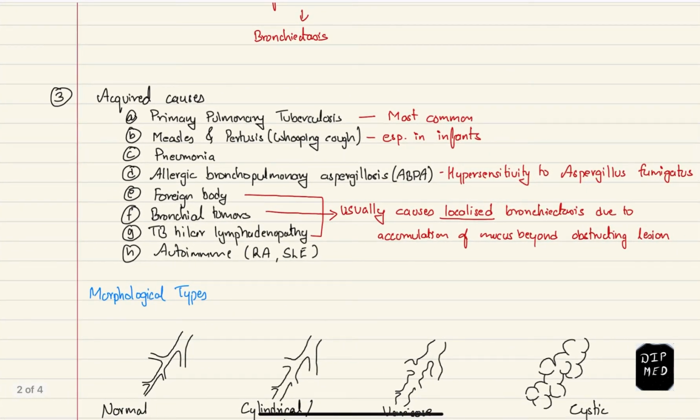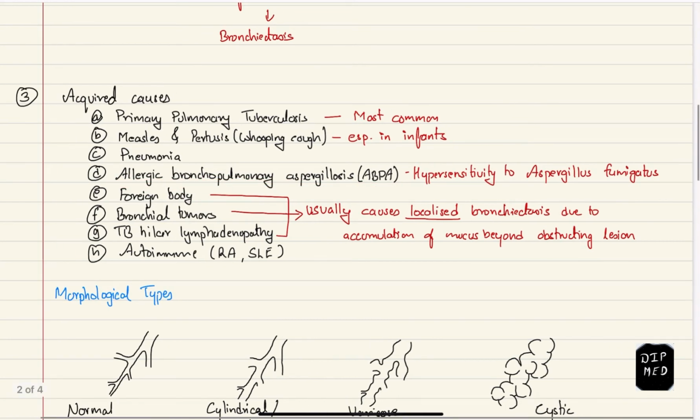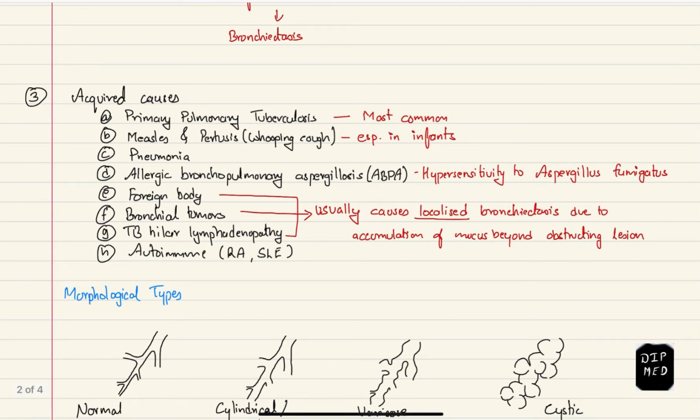Under the acquired causes, we have primary tuberculosis, which is the most common cause. Measles and pertussis cause bronchiectasis, especially in infants. Pneumonia can also cause bronchiectasis. ABPA, or allergic bronchopulmonary aspergillosis, where there is hypersensitivity to the fungus Aspergillus fumigatus, can also cause bronchiectasis.